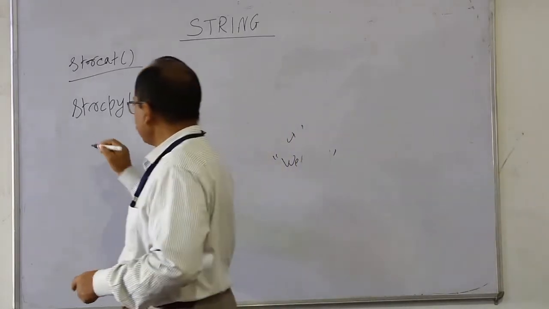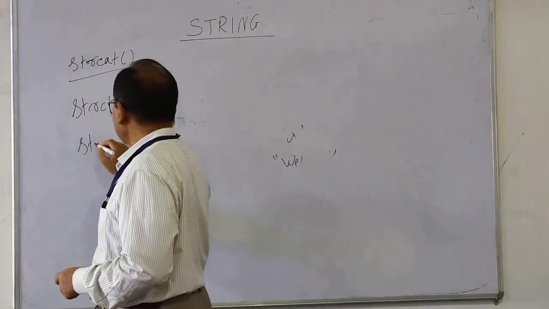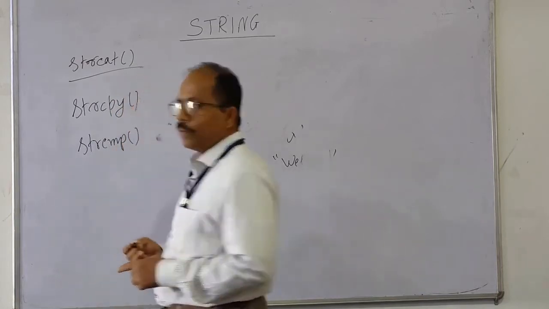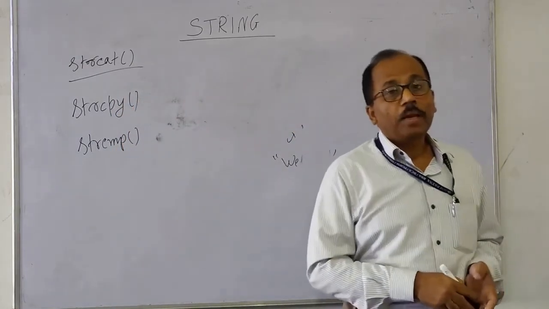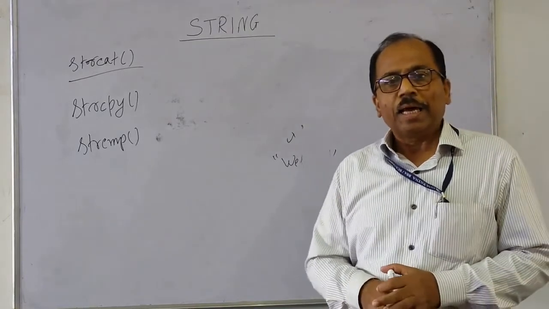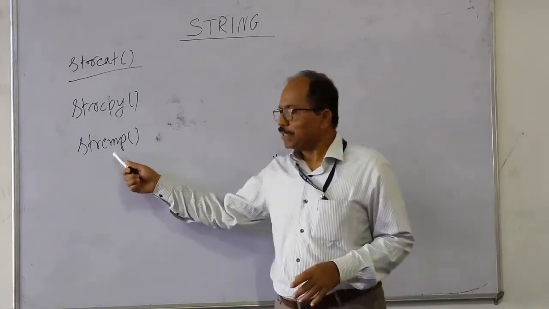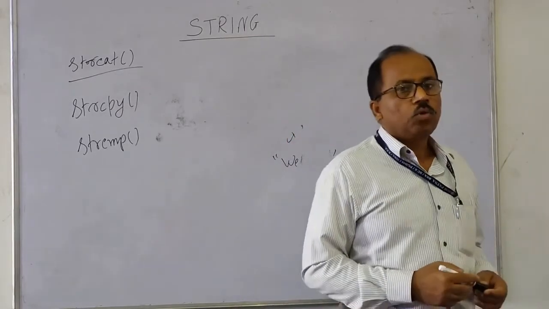strcmp is also frequently used for various purposes. Whenever it is required to compare two strings, whether they are in the same order or not, we use strcmp. It also requires two arguments.